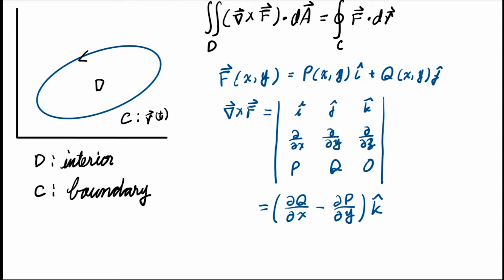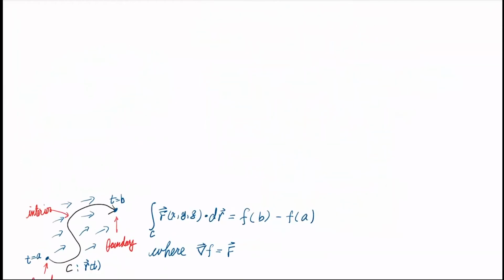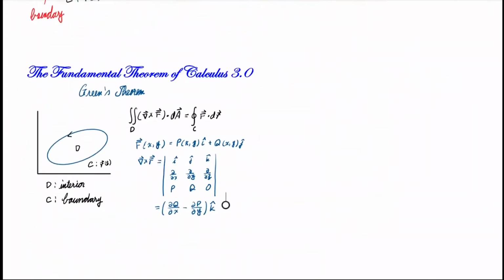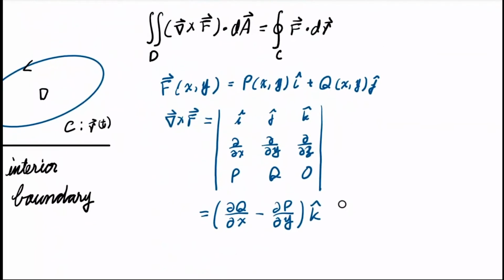Okay, and then of course, your dA. I'm going to write it here. The dA vector just means dA, dx dy, times the k vector.